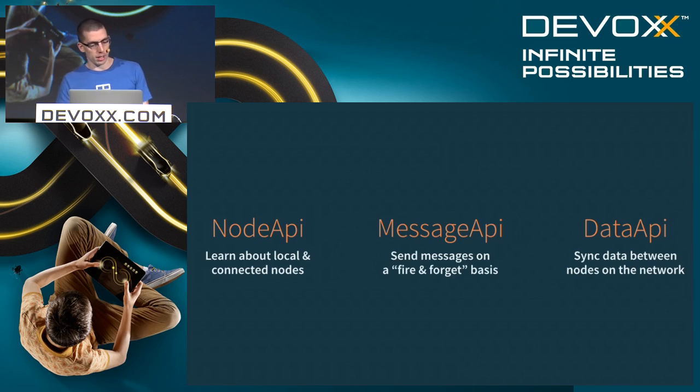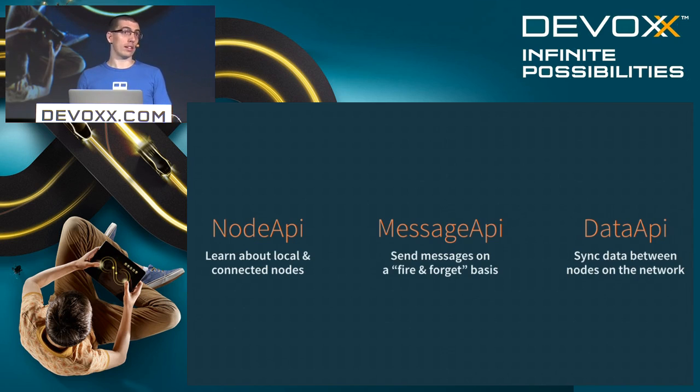The Node API is a very low-level API that lets you know about the nodes in the network. So what is a node? Basically, a node is a device. A wearable is a node, and the phone is a node. If you have Google Glass, it will also be a node in the network. All of those nodes create networks, and if you want to know about those nodes in the network, you can use the Node API.